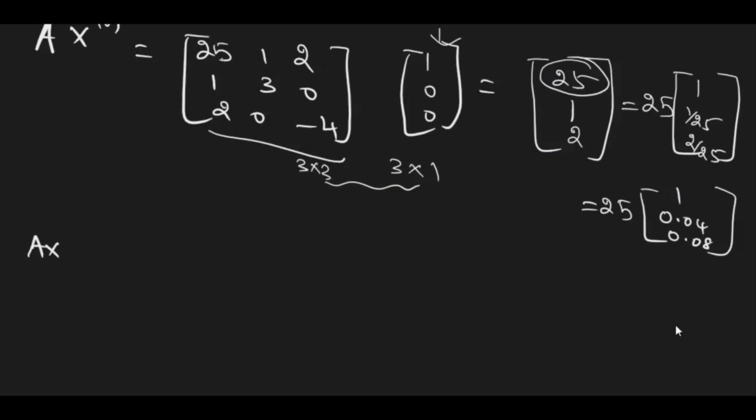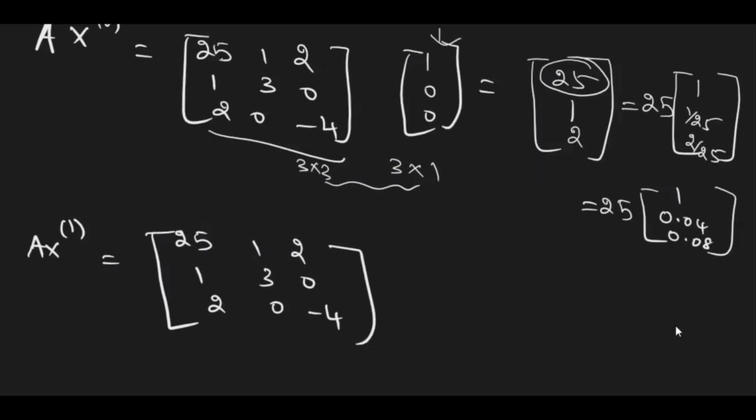Now the second iteration, A x power 1. x power 1 is the value that you got in the previous iteration. So we'll write A as it is, and x power 1 is 1, 0.04 and 0.08.